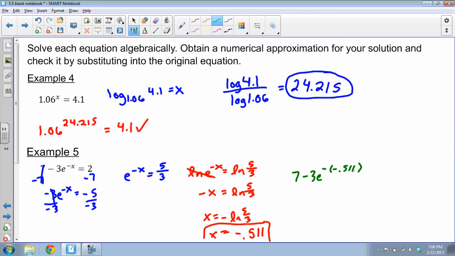Notice that negative was in there originally, but our answer is also negative. So you want to make sure to put negative answer or you're going to get the wrong thing. If you put this in right, you do get 2. If you don't believe me, try it for yourself. So we really did get the right answer on that.